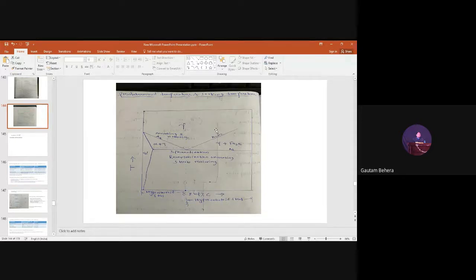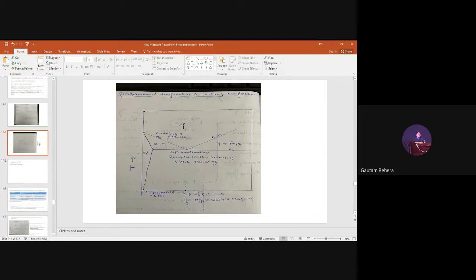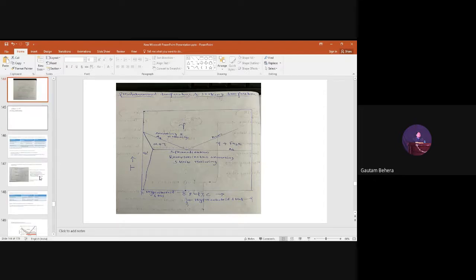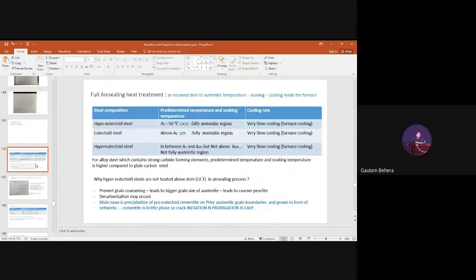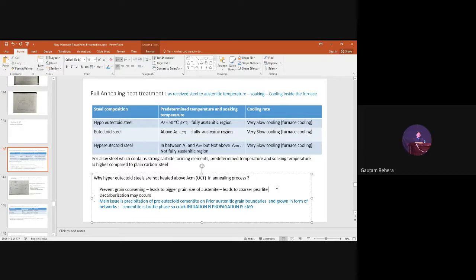And after making the grain coarser, we are cooling it to room temperature. So finally, what will happen to the structure at room temperature? The product grain will also become coarser. Two things are there: slow cooling gives enough time for the grain to coarsen, and the initial grain is also bigger.